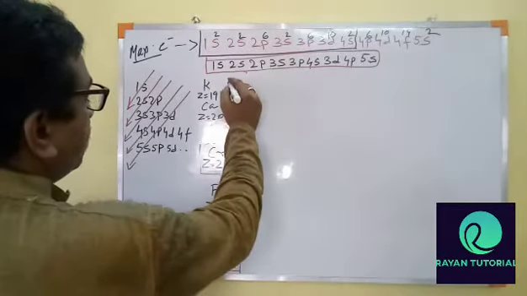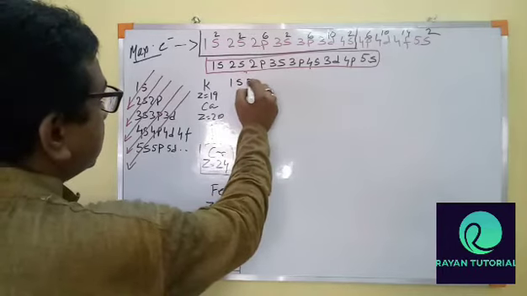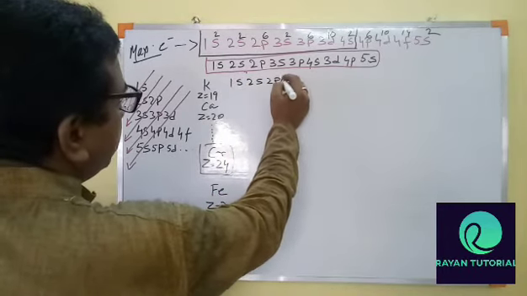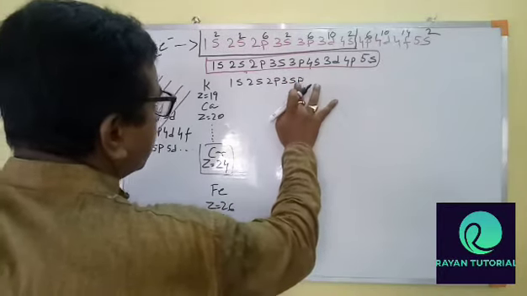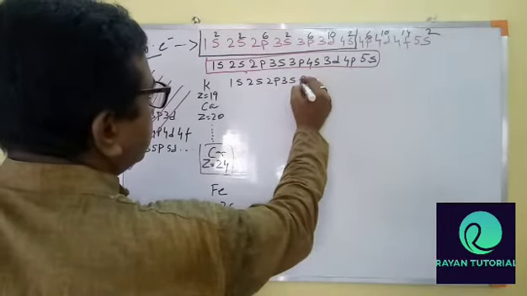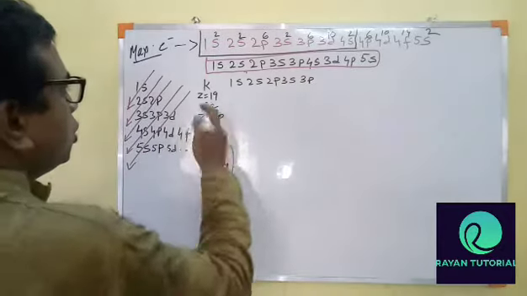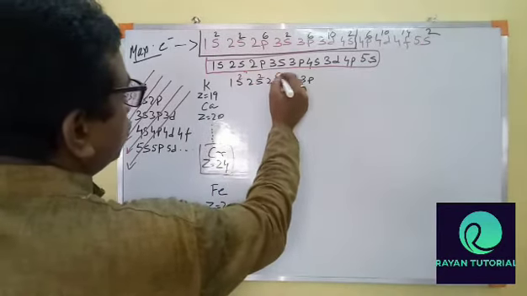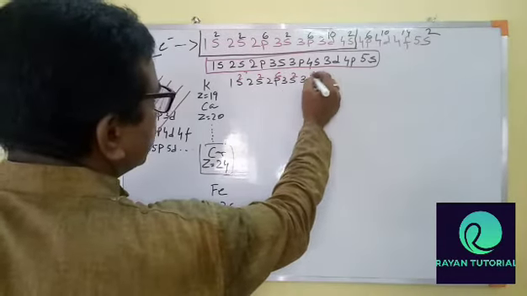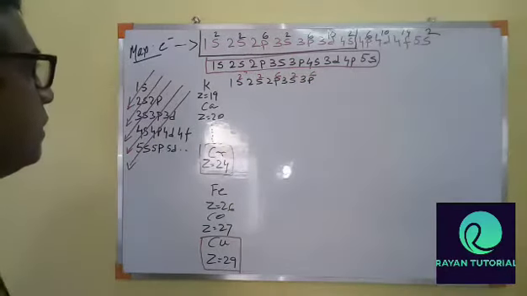So potassium is 1s, 2s, 2p, 3s, 3p. That means S is 2, 2, 6, 2, 6. Right?